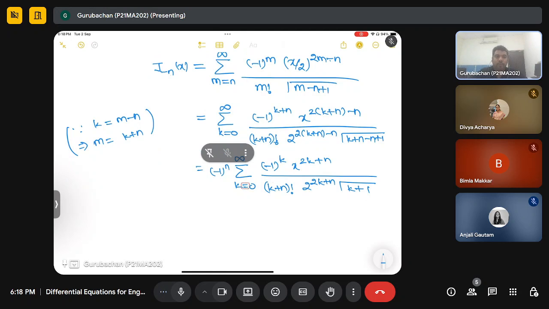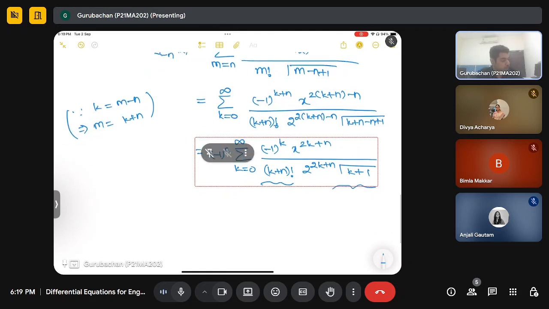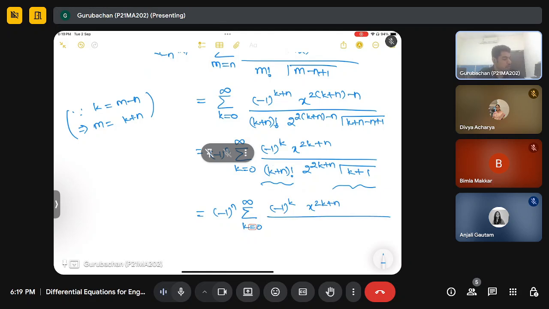So till now, what we want to show, if you remember, is that here it should be k factorial, and here it should be gamma of (k plus n plus 1) to relate it with J_n(x). So for that, we have minus 1 to the power n, sum over k from 0 to infinity, minus 1 to the power k. We do not have any problem with the numerator. It is the same that we want. But in the denominator, we have to be a little precise. So let me combine this x by 2 in the numerator.